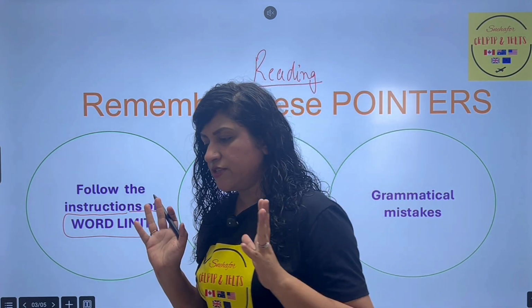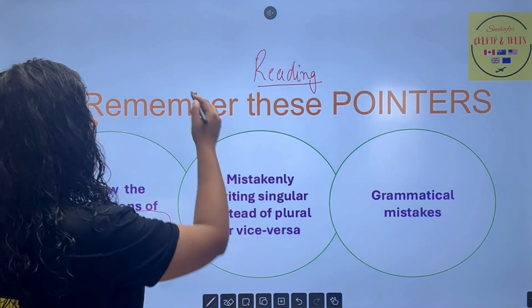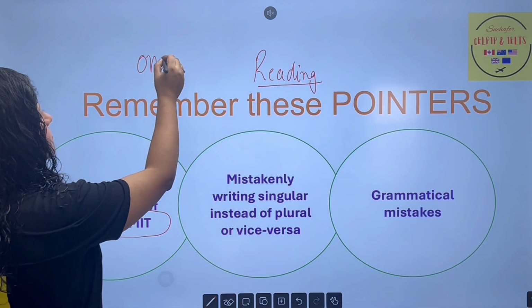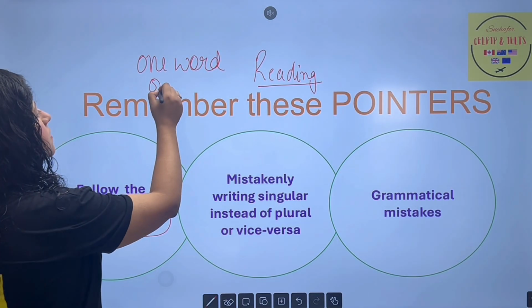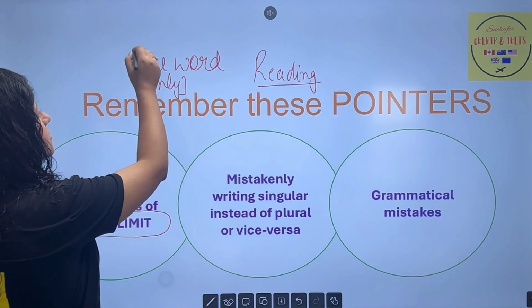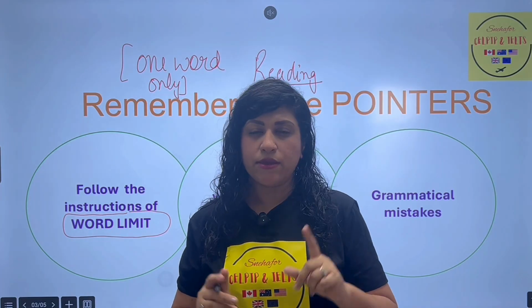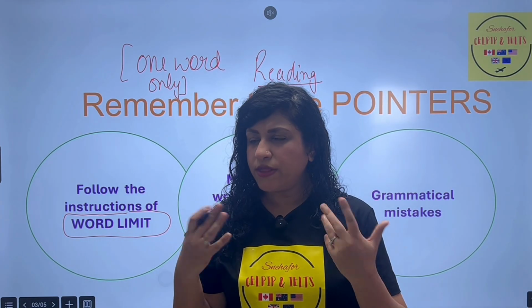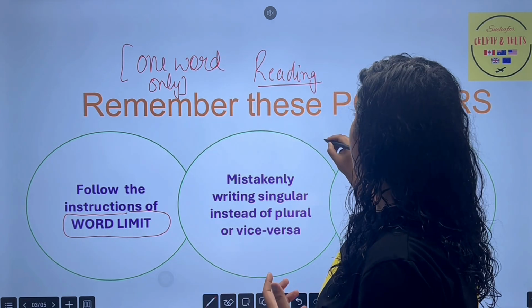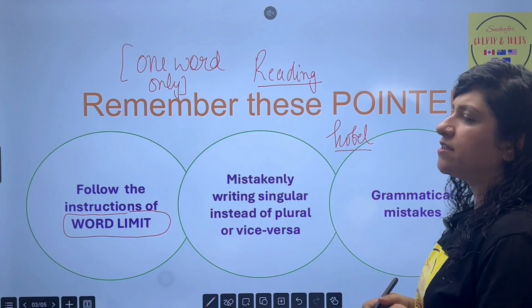Now, if the instruction says that you have to use one word only, that means in your sentence completion, in your answer, you can only write one word only. So let's say over there, the answer was hotel. This was the answer.